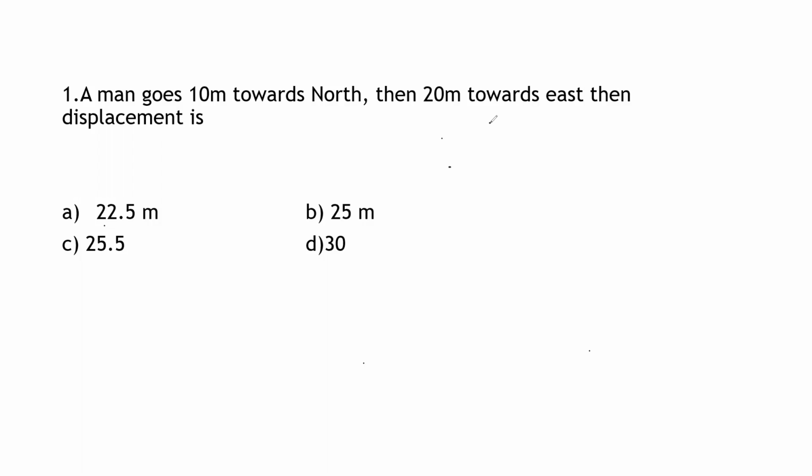So according to the question, just let us draw a diagram because we need to calculate the displacement. See here, towards east he is moving 20 meter, and towards north he is moving 10 meter.